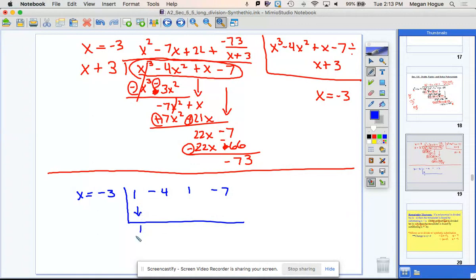I bring down my 1. Negative 3, I multiply on the outside, and I get negative 3 on the inside. On the inside, I add, so negative 7. Multiply, 21. Add, 22. Multiply, negative 66. Add, negative 73.